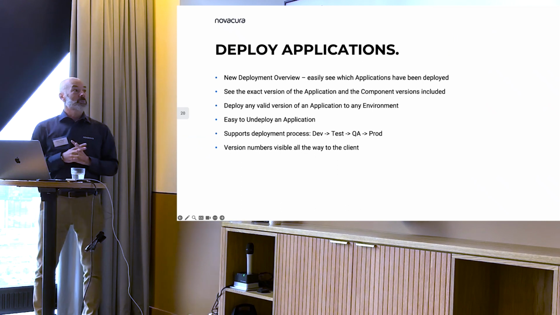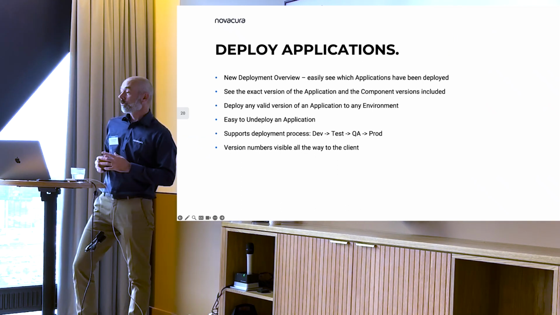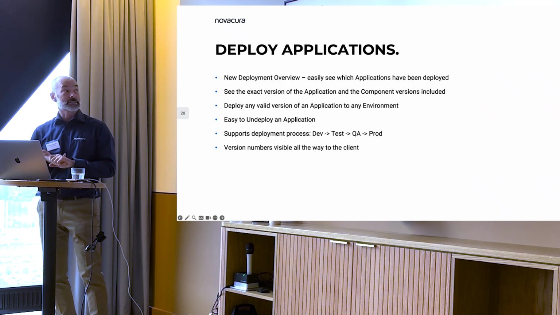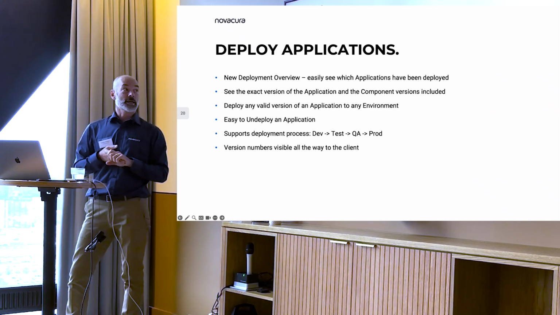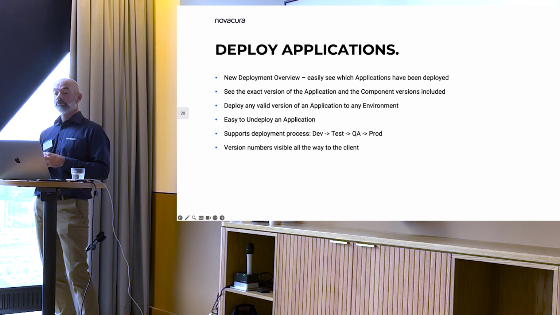So, deploy applications. We have a new deployment overview where you can easily see which applications have been deployed, and we can see the exact version of the application and components that is included in all of these deployed versions.